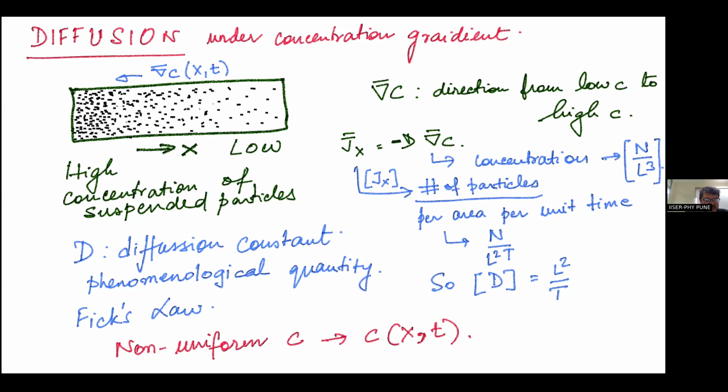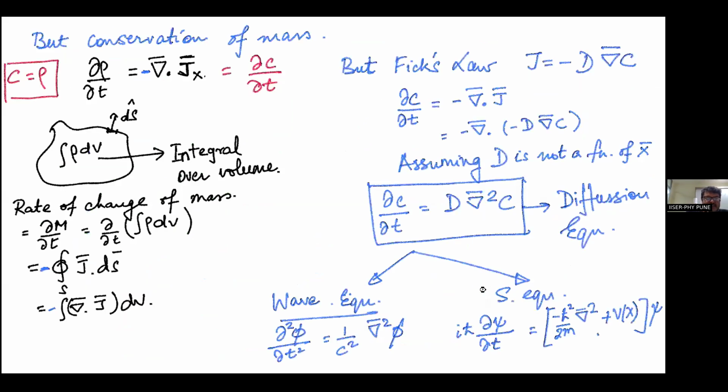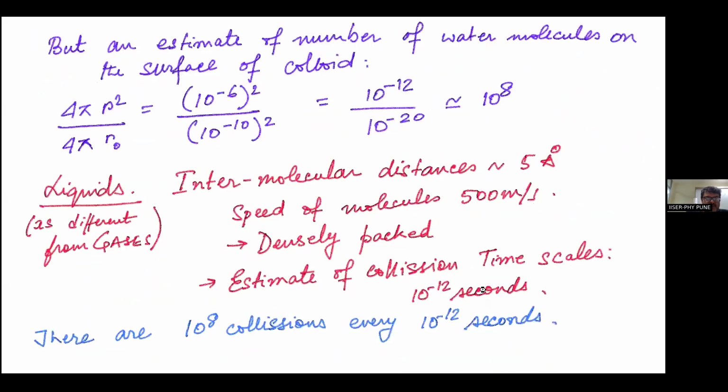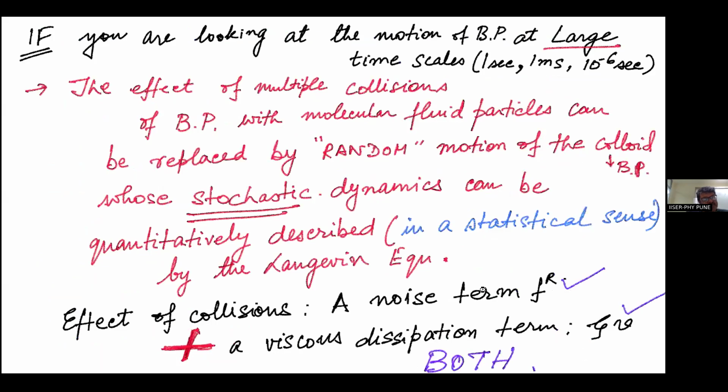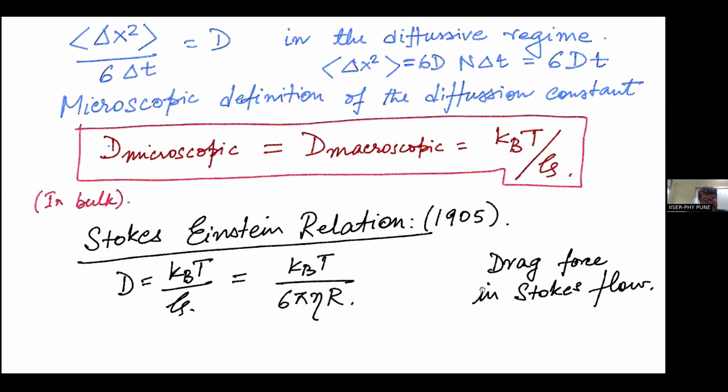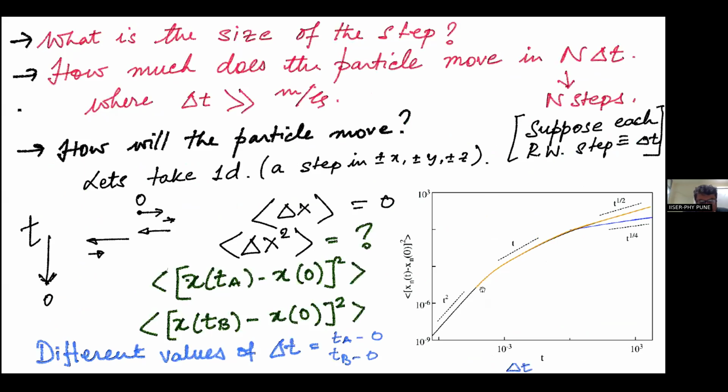And here we had said the current, the number of particles, is proportional to the concentration gradient, and thereby defined a diffusion constant. Here, in Brownian motion, we are starting from a completely different direction. We are observing each of those particles, looking at how much displacement it has had in a fixed amount of time, taking an average, and from there calculating the diffusion constant.